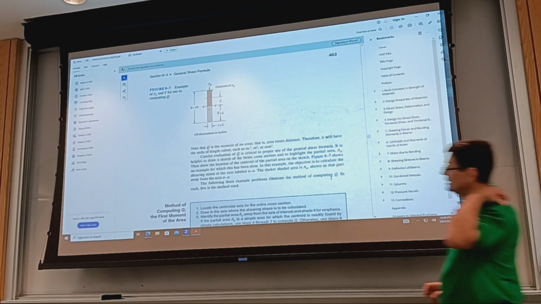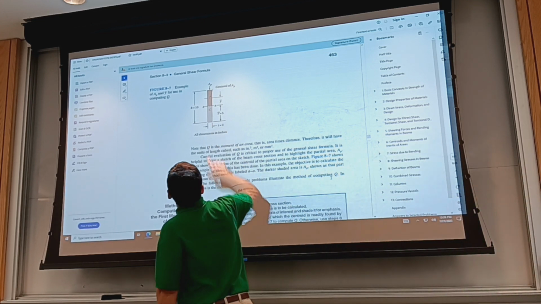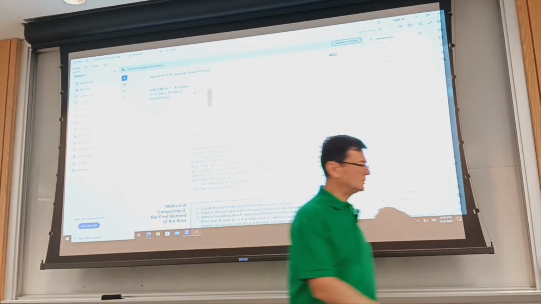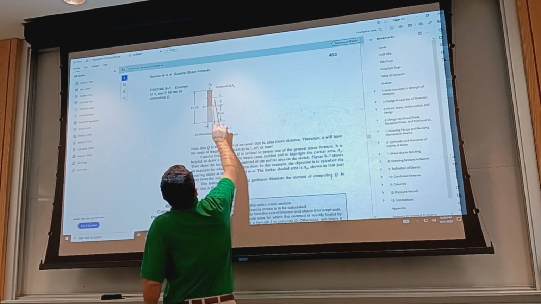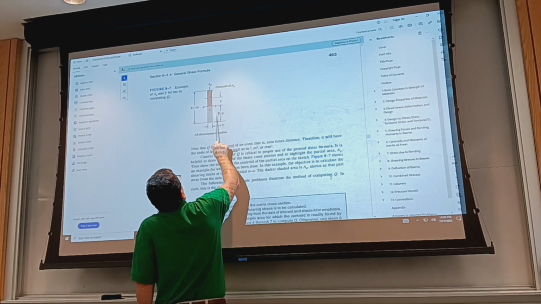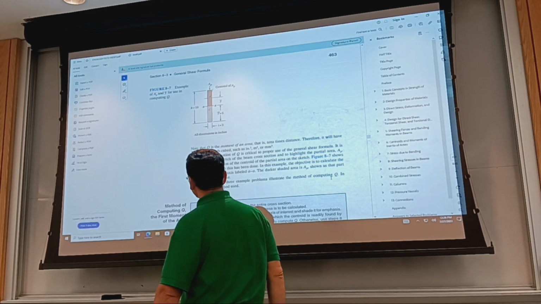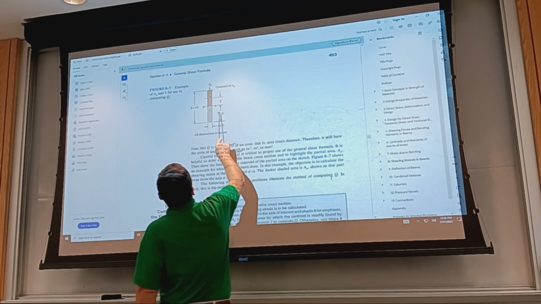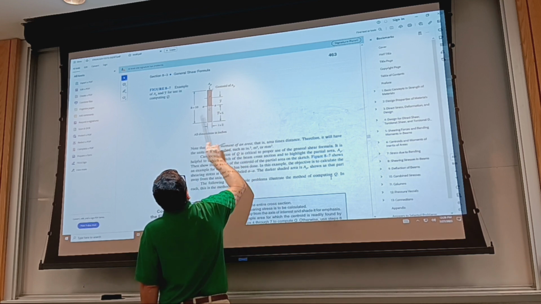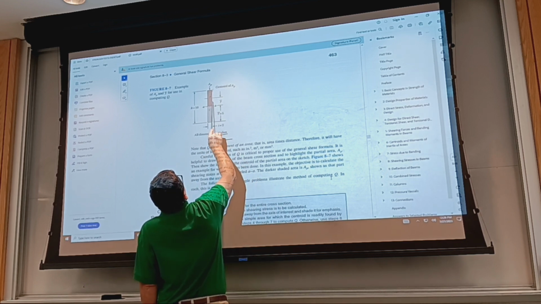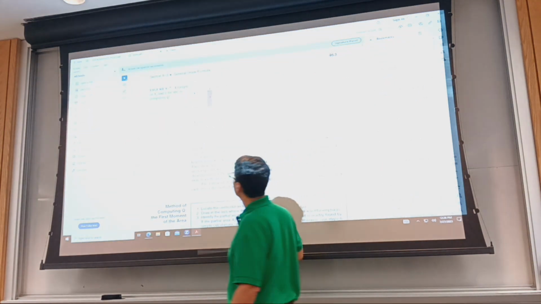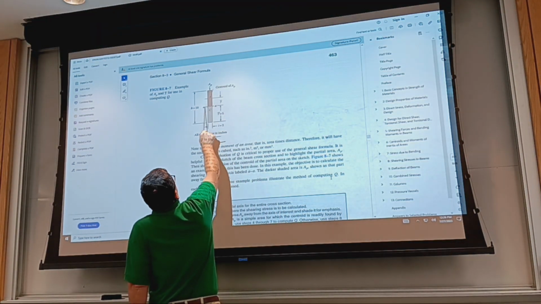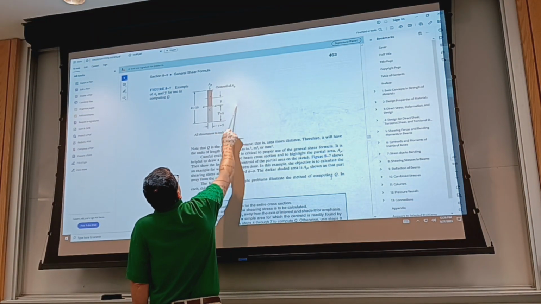evaluated? We have the entire cross section with its own centroid, and then the rectangle in the middle, and say I want to evaluate the shear stress caused by the shearing force along this line, and it happens to be through the centroid.